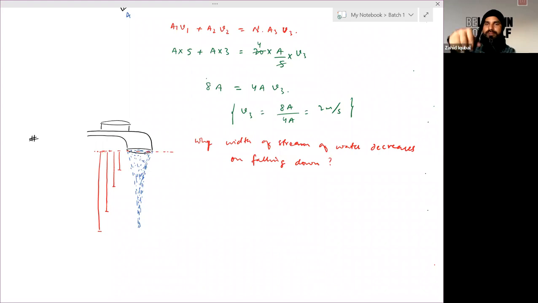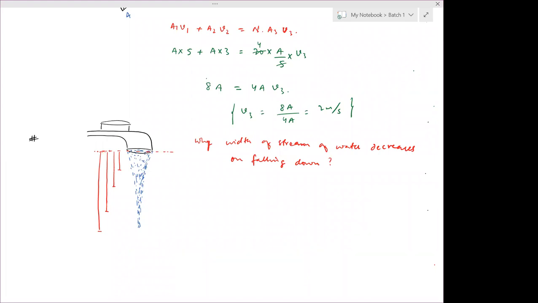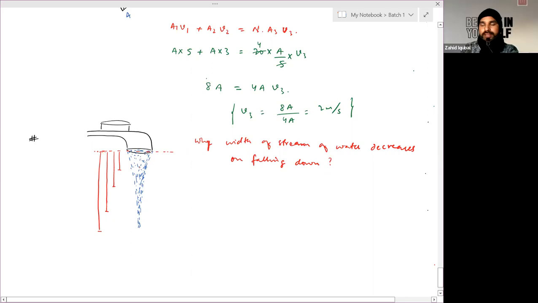Suppose the particle which is falling freely under the effect of gravity. Good. So on increasing velocity, according to equation of continuity, you will say area of cross section and velocity at any instant will be always constant. And since in this part on falling down, velocity of liquid increases with increase in height, so you say area must decrease. So the product of area and velocity at any instant should be constant.